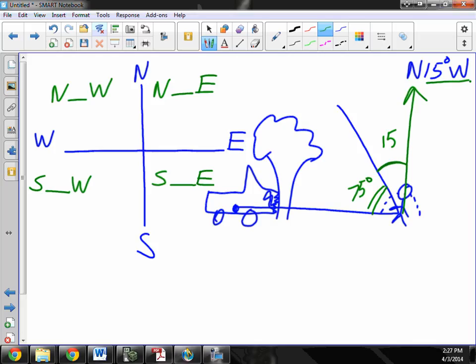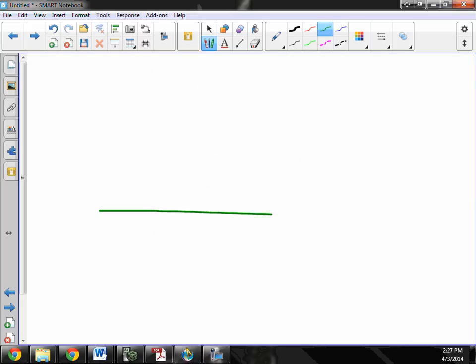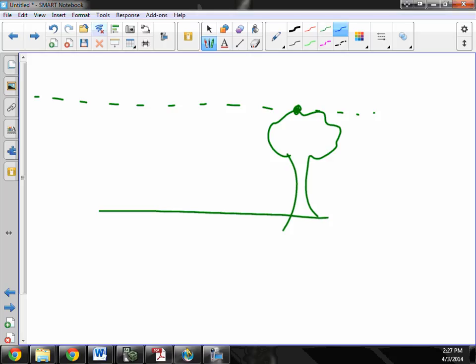The other thing you need to know is that's the ground, and this is some object in the sky, like your big piece of broccoli. Okay, and that's the top. If I draw a parallel line, the angle, we'll make another object over here.